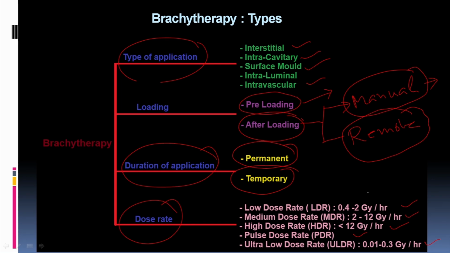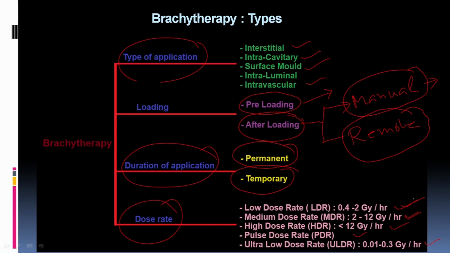If the dose rate of the brachytherapy application is 0.4 to 2 gray per hour, then we call this low dose rate brachytherapy. If the dose rate is 2 to 12 gray per hour, the application is known as medium dose rate brachytherapy.